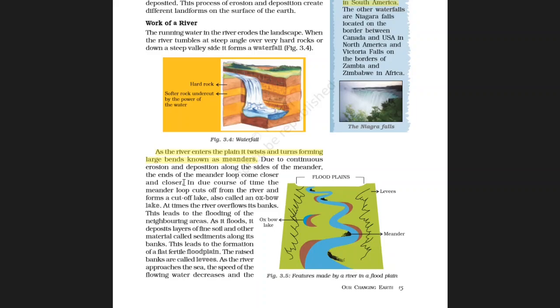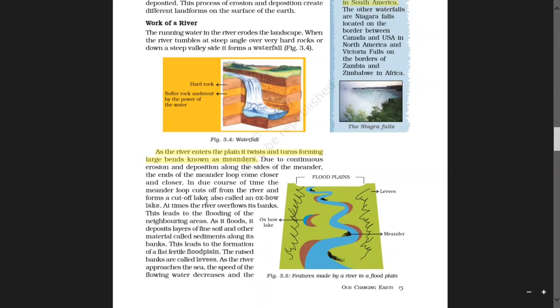In due course of time, the meander loop, a shape produced by a curve that bends round and crosses itself, okay, that is called a loop here, cuts off from the river and forms a cut-off lake called an oxbow lake. So, this is how it forms.